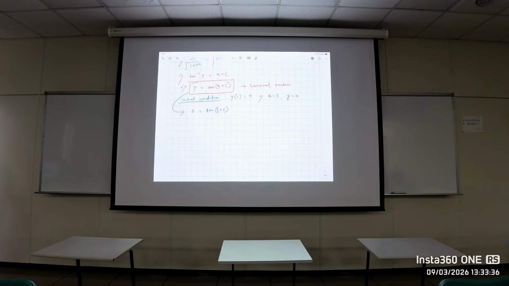Then what is the value here? I can put 1 plus c is equal to, how much? Tan inverse 0. What is that?